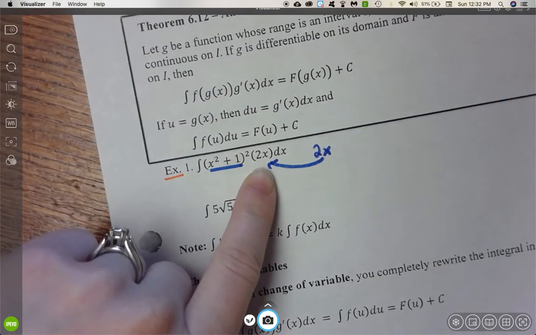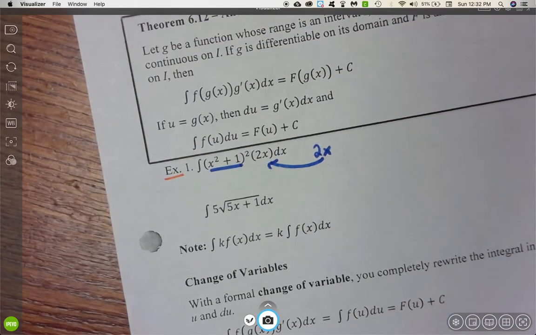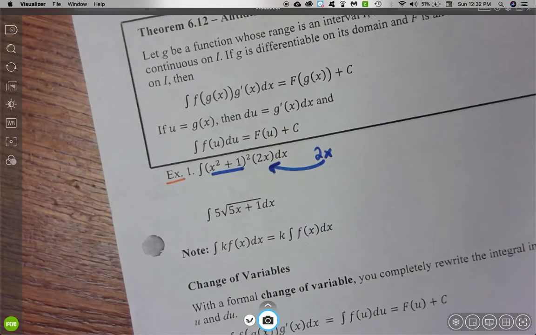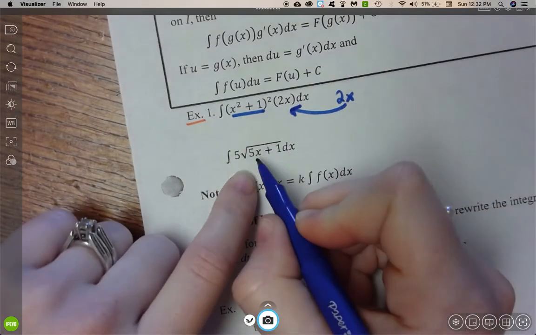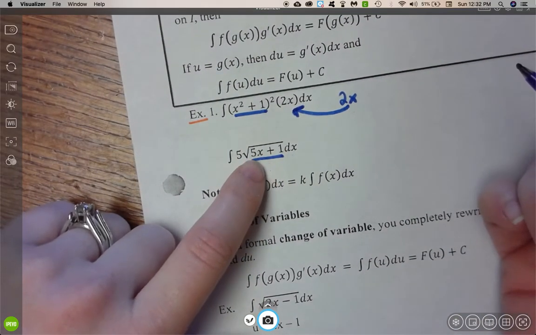So this ends up coming out really nicely, and everything basically cancels out when you substitute. It's just beautiful. Same thing here. The thing that's stuck inside is the 5x plus 1, and the derivative of 5x plus 1 is just 5, which shows up right here.